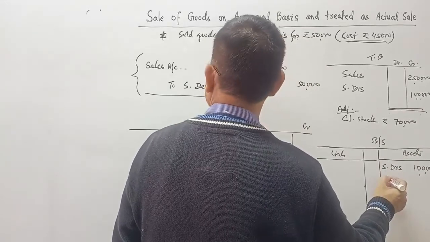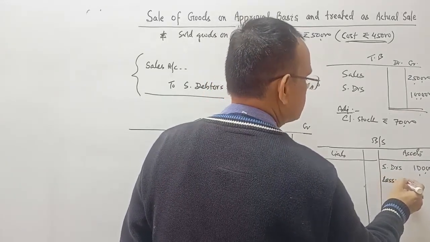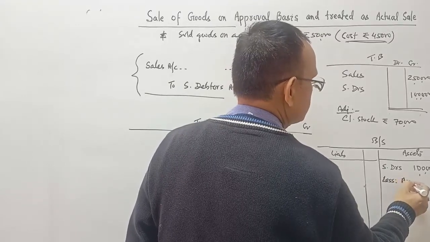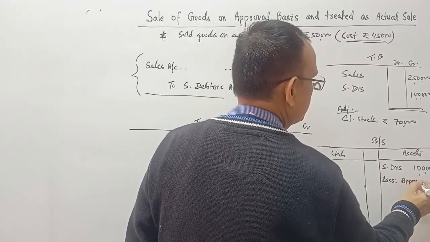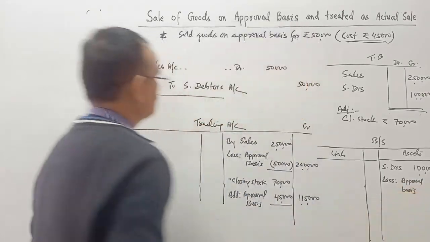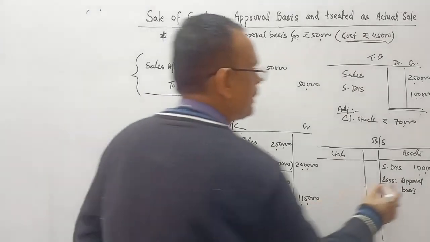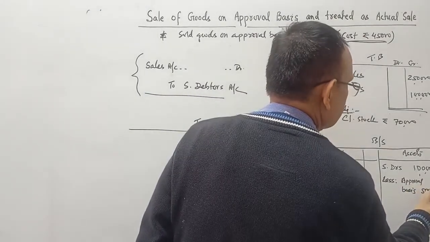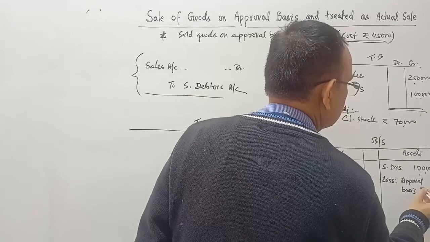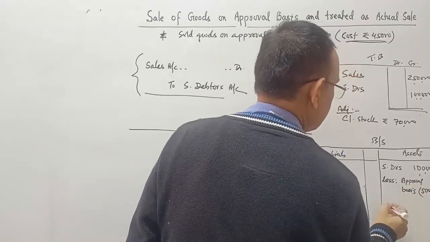You just deduct the approval basis amount, because I have credited debtors over here. I have cancelled the debtors by 50,000. So deduct it, and the rest will be reflected in the outer column.